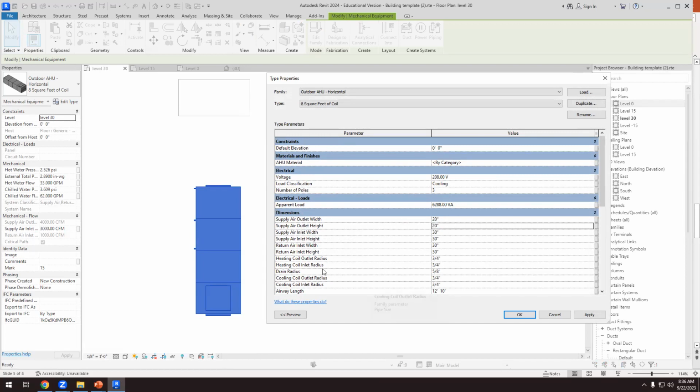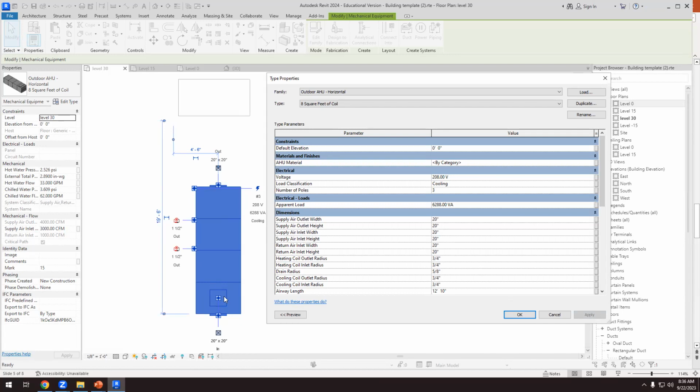And the return air inlet, I'm going to do 20 by 20. Let's type 20 in all of them and apply. You see that we have changed this one too.